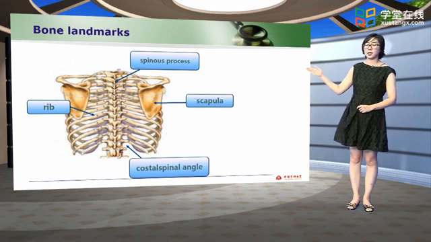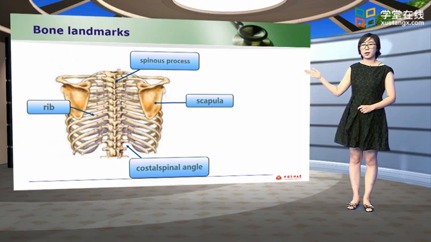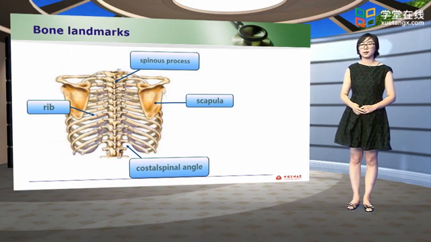From this picture, we can see the bone landmarkers. The first one is spinous process, and it is just in the posterior midline. And then the scapular. Scapular lies between the second rib and the 8th rib. Then we can see that is the costal spinal angle.